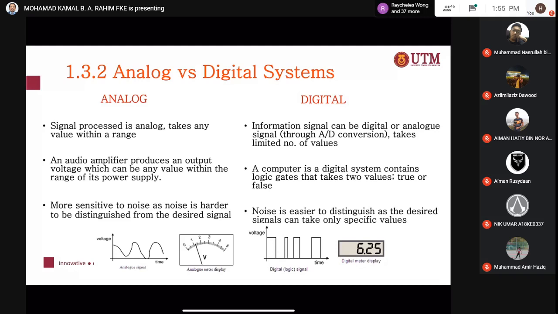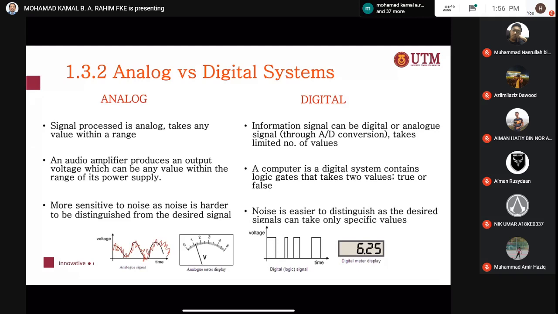Okay, the audio amplifier produces output voltage which can be any value within the range of power, and is more sensitive to noise, as noise is harder to distinguish from the desired signal. Why? Because with an analog signal, sometimes the noise is somewhere in it.